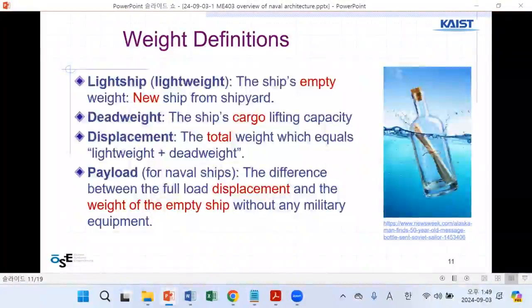We call this empty ship, empty car, empty bottle has a weight. And then cargo. Easy, very simple, but the items are very many. So the calculation is not easy.